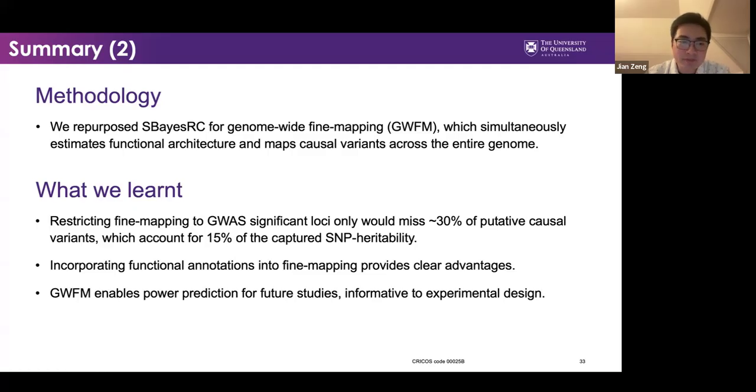One key point we're trying to make is that it might be the time to move fine mapping from GWAS loci only towards the genome-wide scale, because we can uncover an extra 30% of the putative causal variants, and they might account for 15% of the heritability on average across traits. And doing genome-wide fine mapping also enables calculation of power for future studies, and that might be useful for the experimental design of future fine mapping studies.